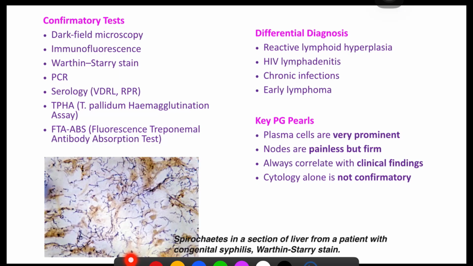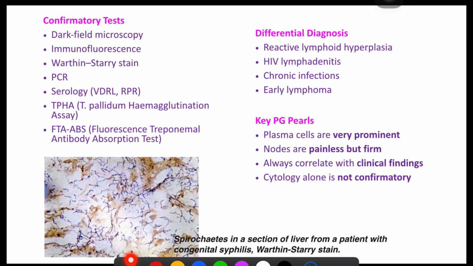We can take help of immunofluorescence, or Warthin-Starry stain can show this type of organism. PCR and serology like VDRL and RPR test or TPHA test, and fluorescent treponemal antibody absorption test can be helpful.